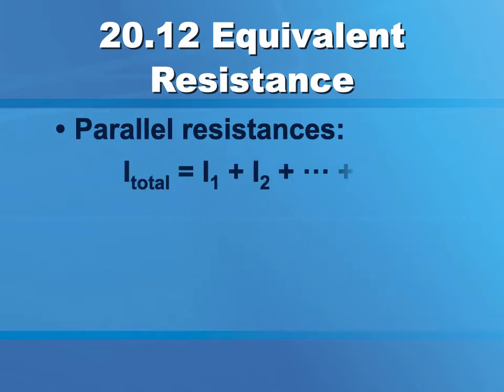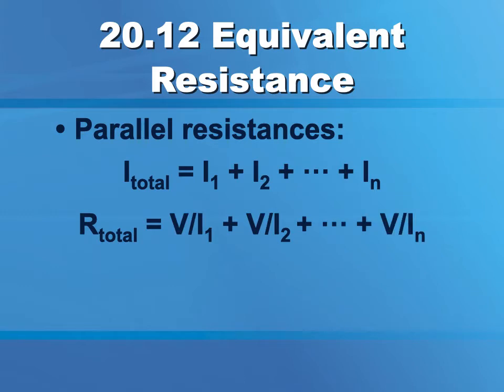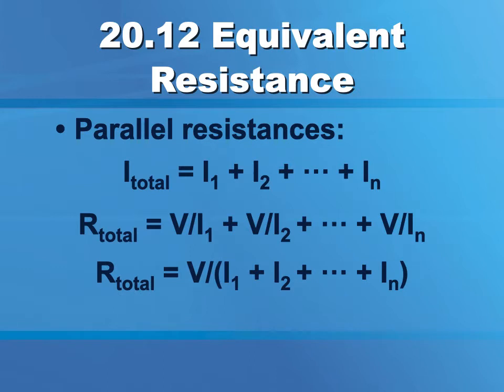So the total current in a parallel system, the currents add up. The voltage is the same, the currents add up. So we had this equation before, but now see the voltages are all the same because it's the same voltage in every resistor, but the currents are different. And so we can factor this and get the voltage, which is the same for all of them, divided by all the individuals.